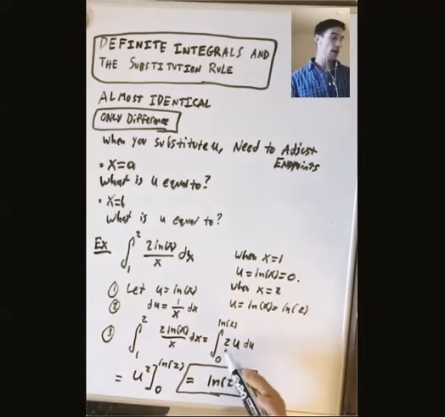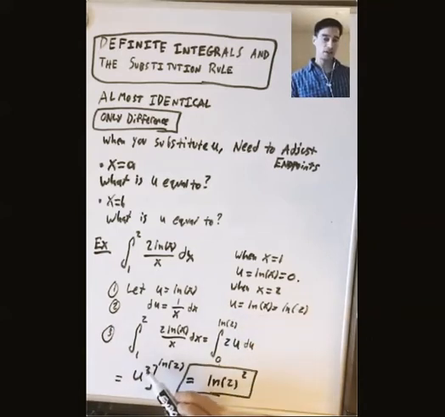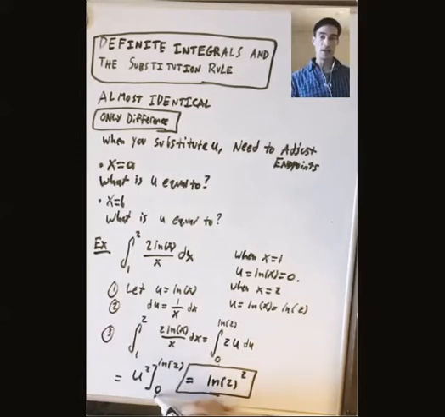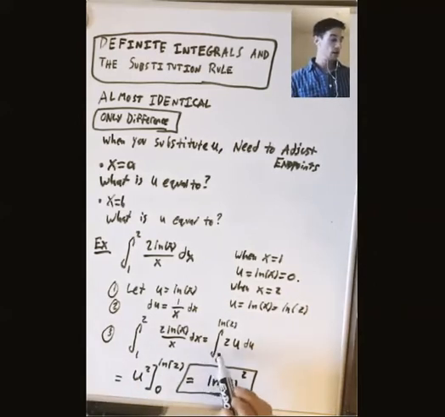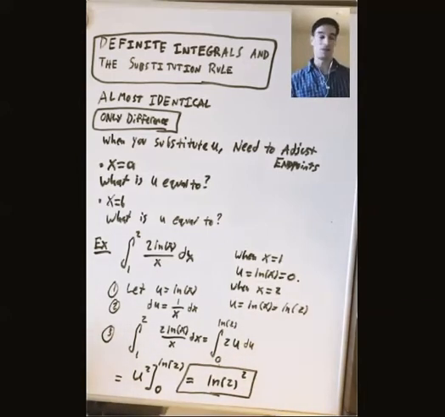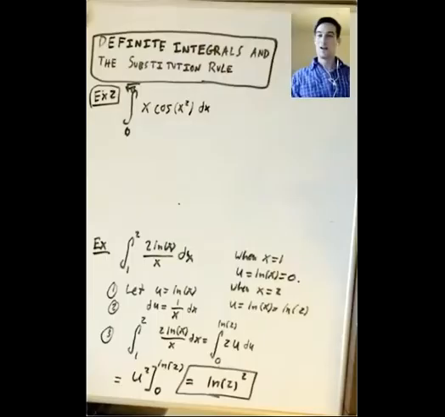When you apply the fundamental theorem of calculus, you have this antiderivative in terms of u, and you evaluate it at some numbers and take a difference. You don't have to substitute back and ever get a function of x again. Once you adjust the endpoints, you just treat the rest of the problem like your original integral was in terms of u, and everything works out fine. So let's look at another example.